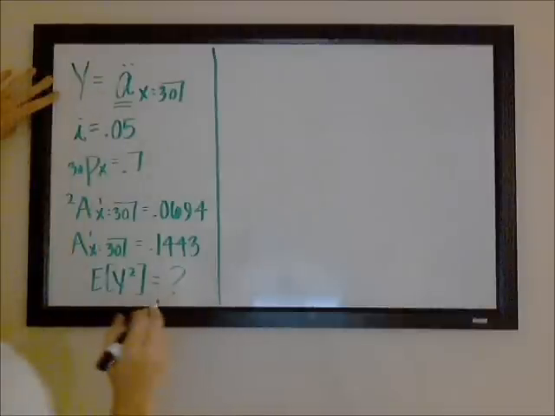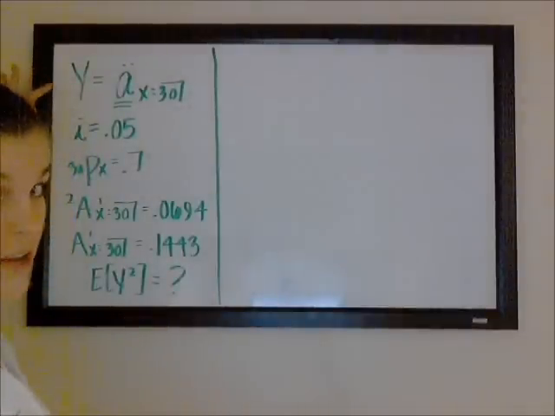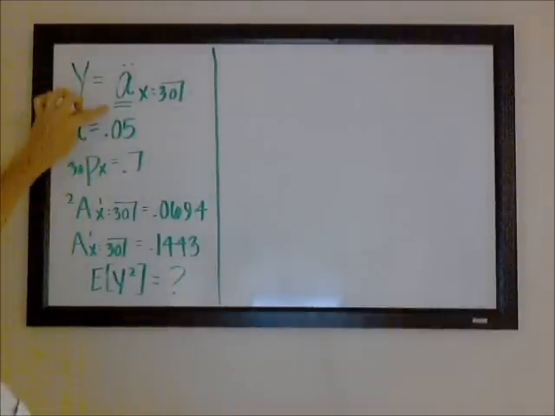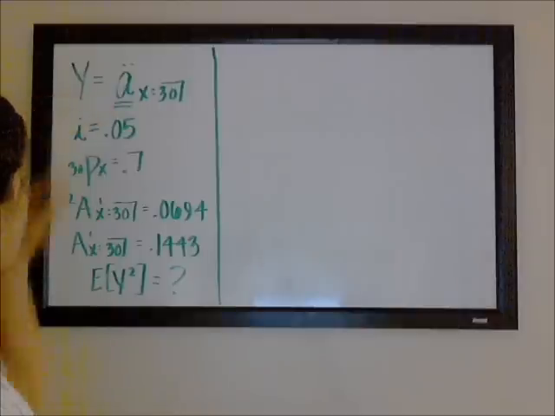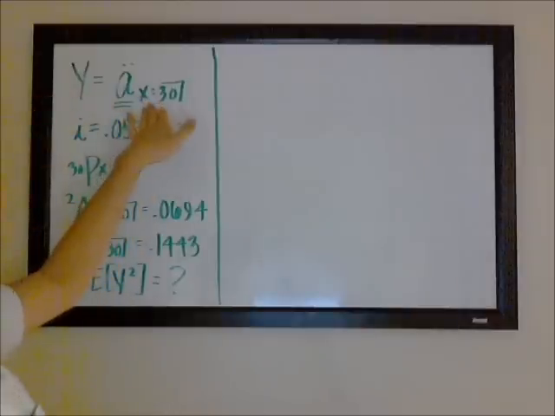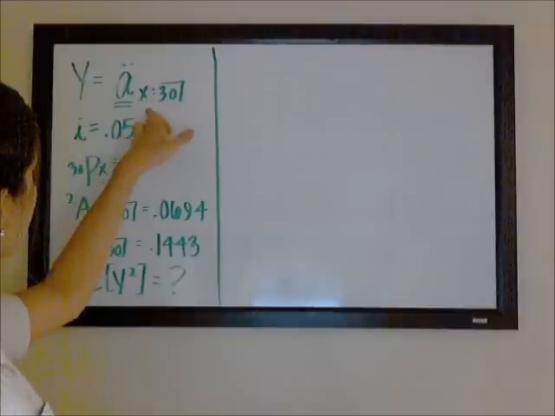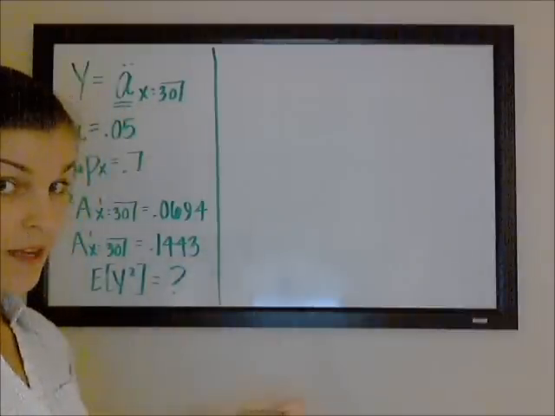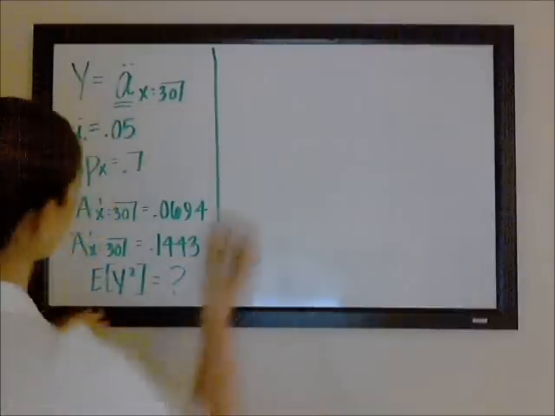Before I go any farther, just to clarify, I talked about this a little bit in another video, but I'm going to use this double line underneath the A to indicate that this is the true present value of this annuity if we knew exactly their mortality.